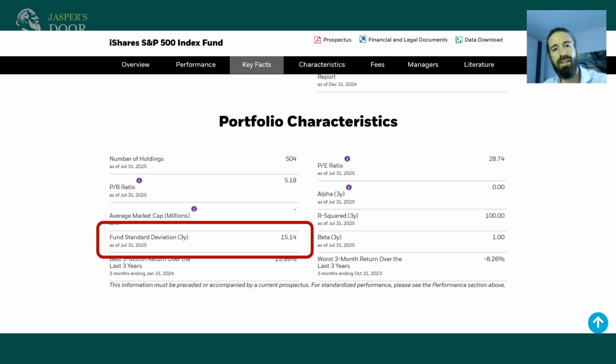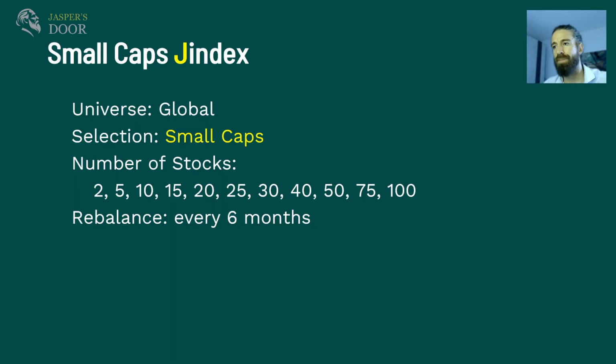And because of this relationship between how many stocks are in the portfolio and the volatility, we're going to push it a little bit more, and we're going to do the same experiment with small caps Jindexes. The reason for that is because in the last video, we did small caps returns, and we studied how much the relationship between the exposure to the small cap factor and the returns are tied together.